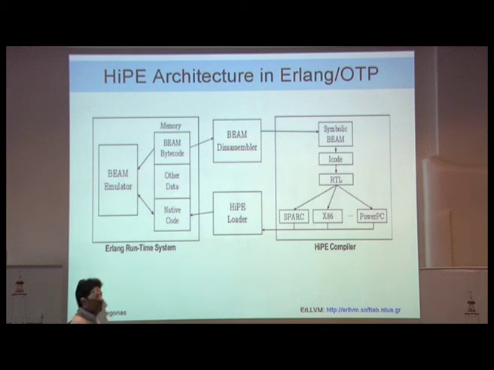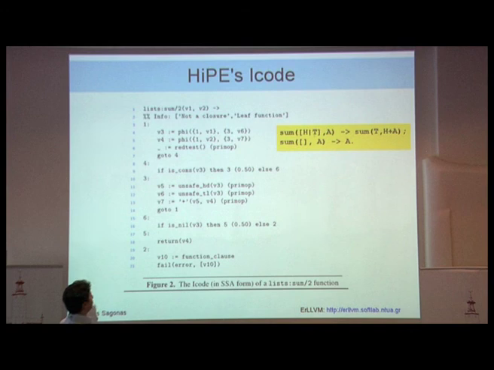Just to give you some idea of how I-code looks like, this is the I-code that gets generated for a simple list sum function. This is the actual I-code after it has been translated to SSA form. That's why you see this strange phis there in the top of the code.